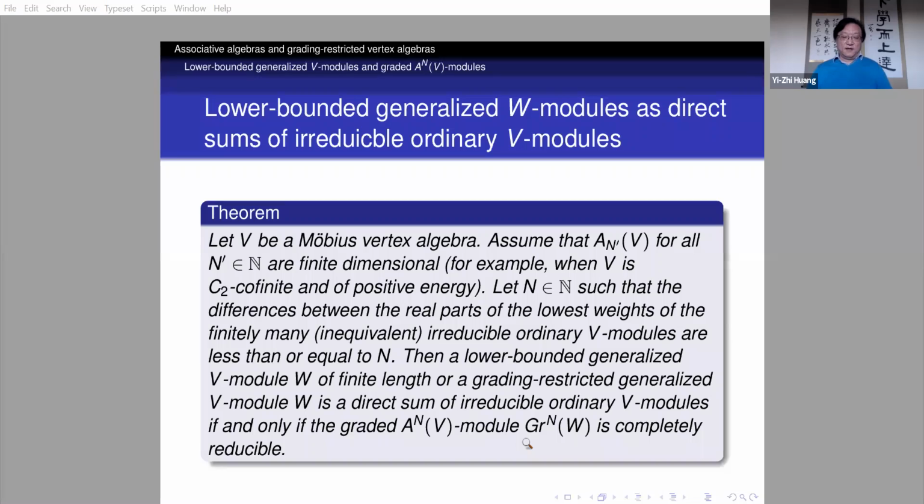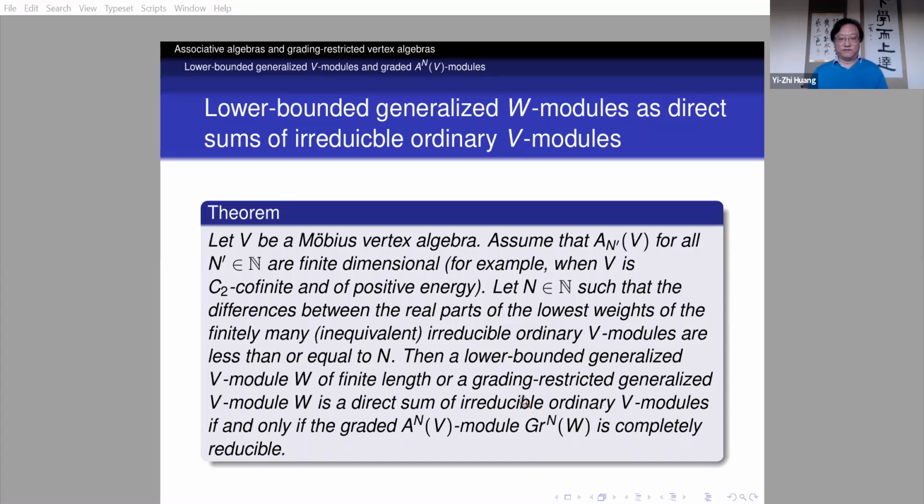I still have a lot of things I want to work out. The first thing we wanted to establish is a suitable categorical almost equivalence and so on. Then we want to prove more theorems, like complete reducibility, irreducibility, and also whether an irreducible lower bounded generalized module is grading restricted.